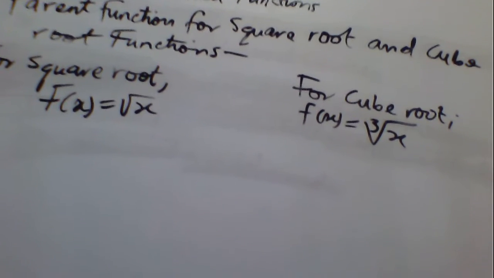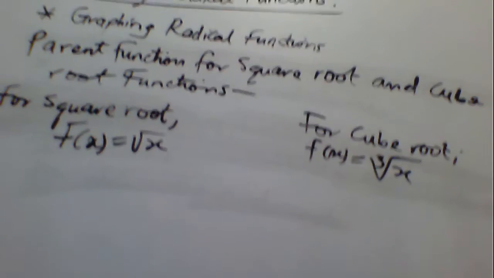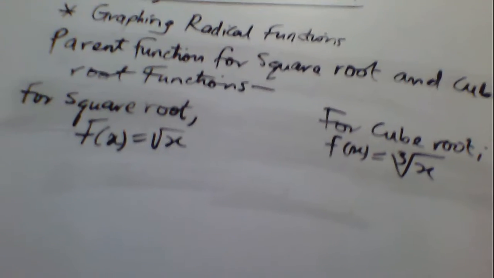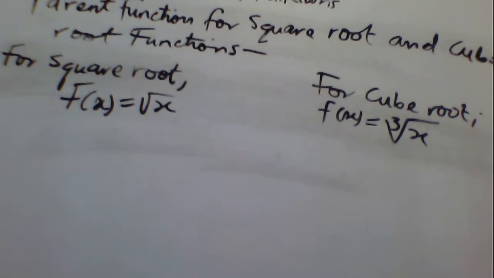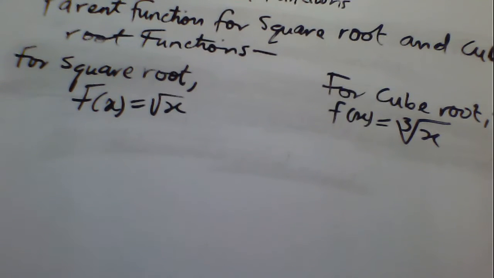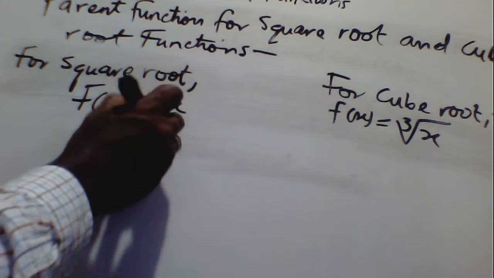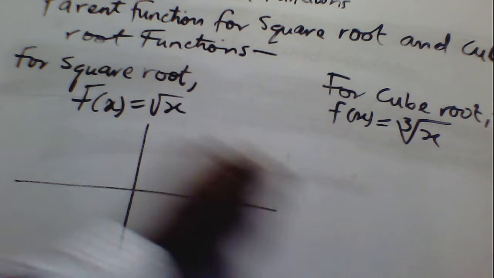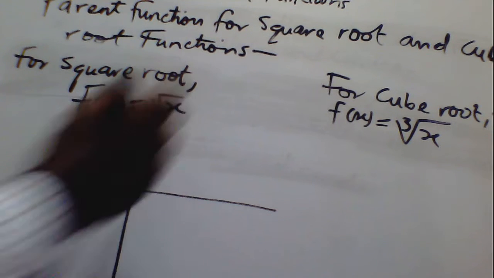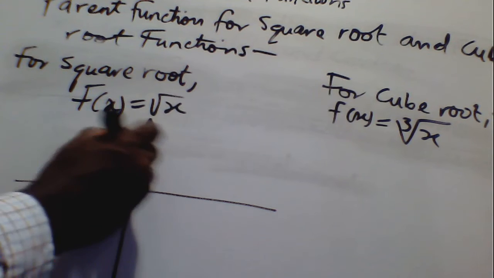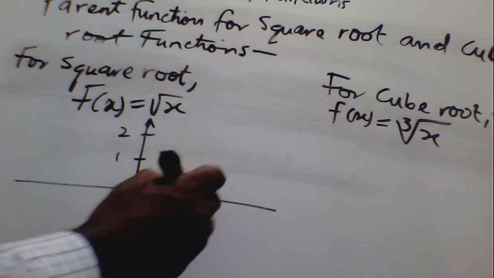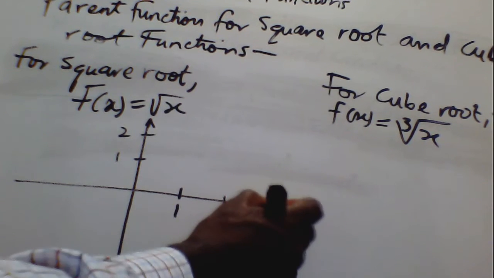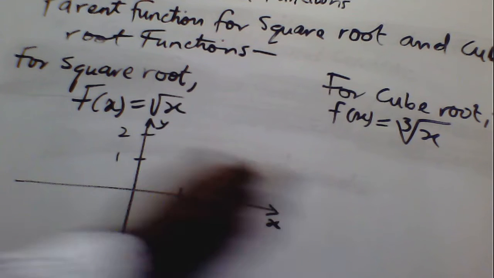We are under graphing a radical function. So first you have to know the parent functions. From there you can derive other functions related to its parent or its foundation. So for the graph of square root, here is 1, here is 2, this is the y axis, and here is the x axis.